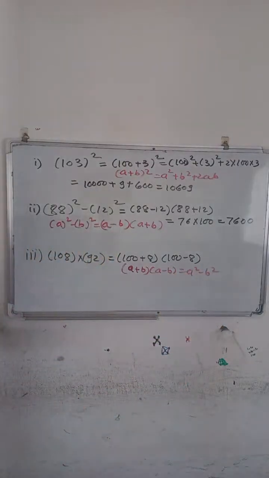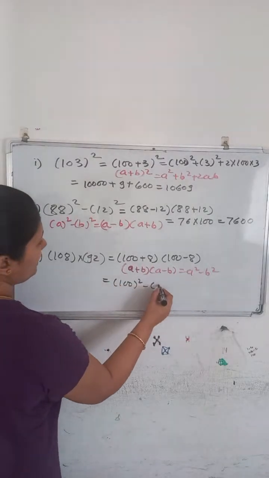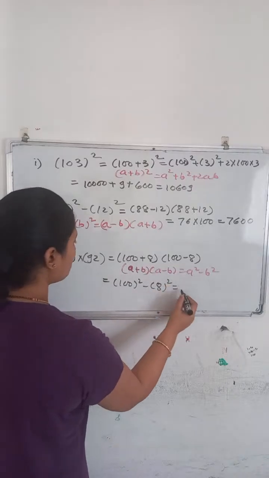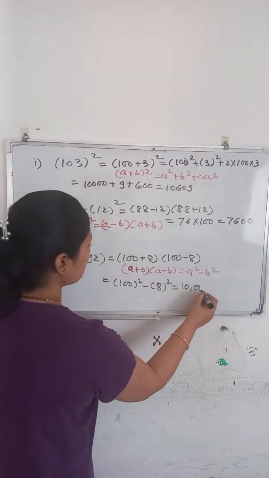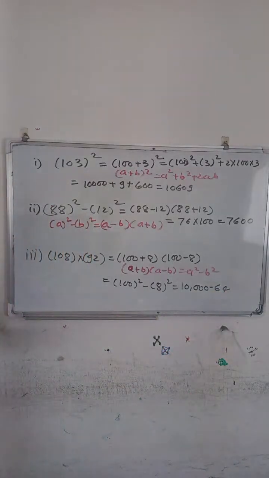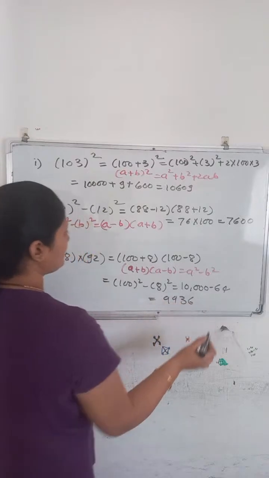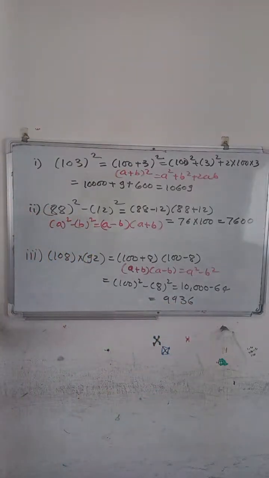So 100 square minus 8 square is 10,000 minus 64, and this subtraction comes to 9,936.